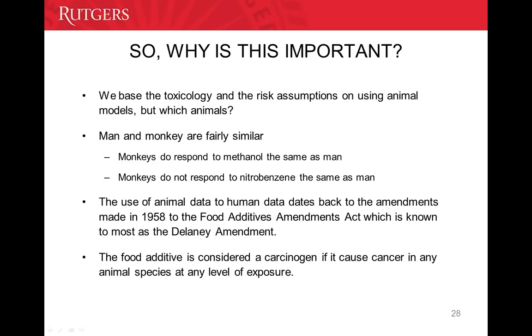So they would do studies, they would see that this particular compound was cancer-causing, and they would immediately prohibit its use in food. But back when Congressman Delaney pushed his legislation, we measured things in parts per hundred.